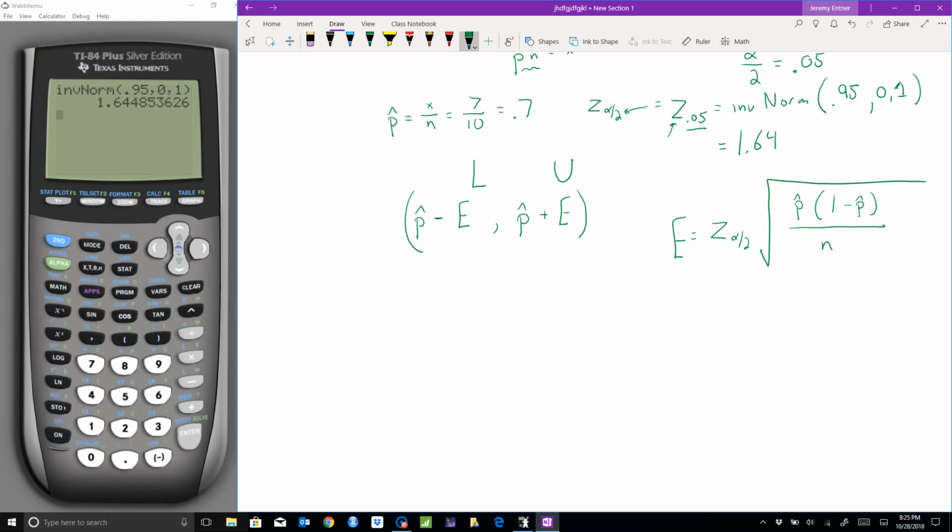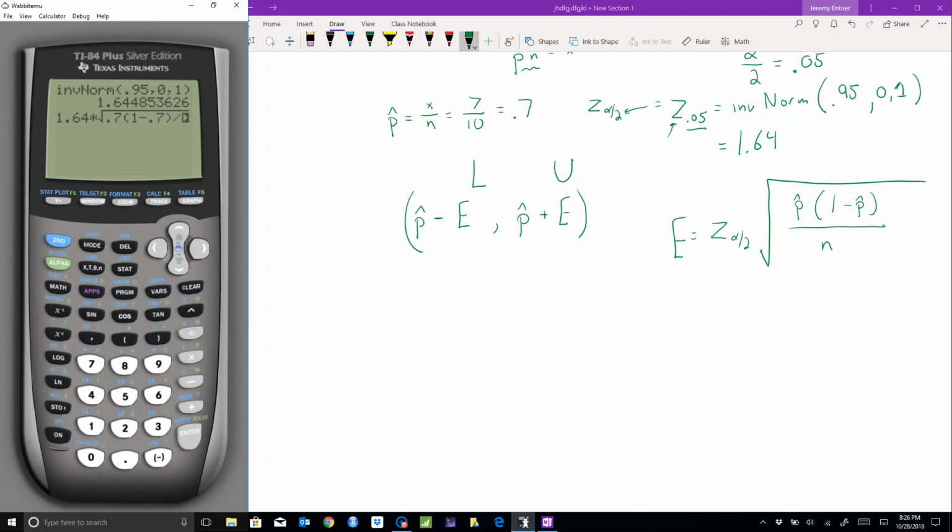Okay. So in this particular case, I would do 1.64 times the square root, and now I have to put in here 0.7, and then I'll throw in some parentheses, 1 minus 0.7. Now you could just as well type in 0.3, you don't have to type in the 1 minus 0.7, but I just wanted to make sure you could see the formula being used there.